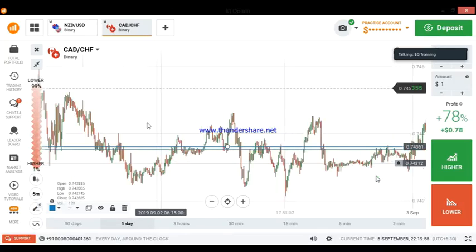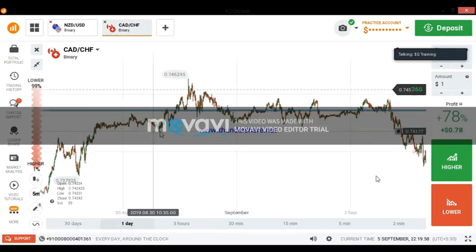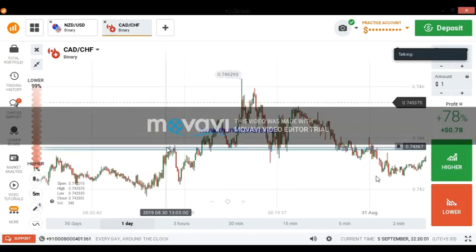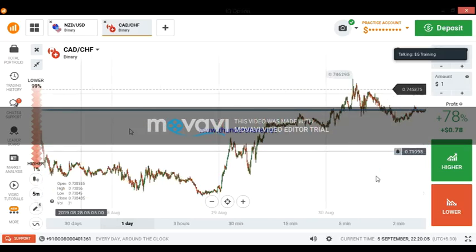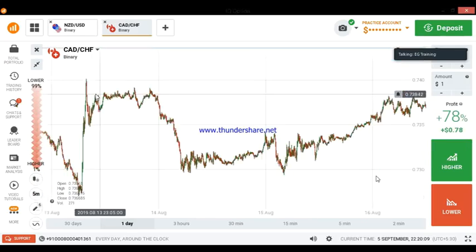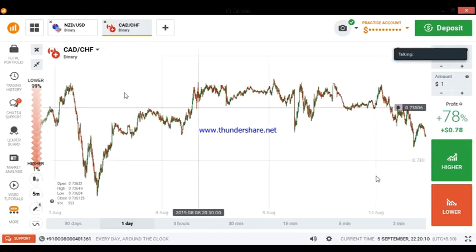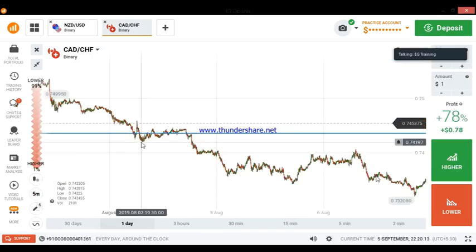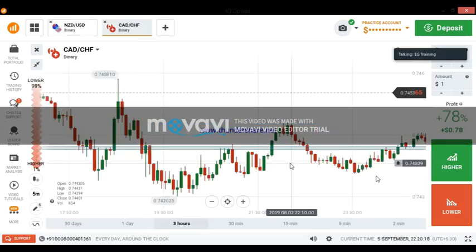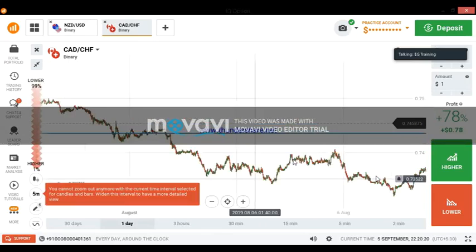Mostly the market is respecting this level from the past 7 days, I think past 10 days. Right, this is 9/2, past 1 month. The market is respecting this level for the past 1 month, so we can trust this level.